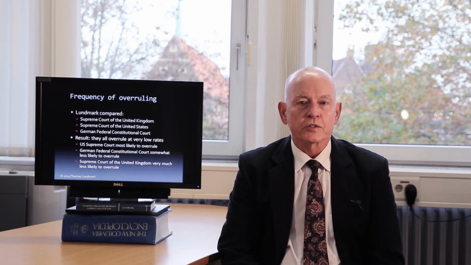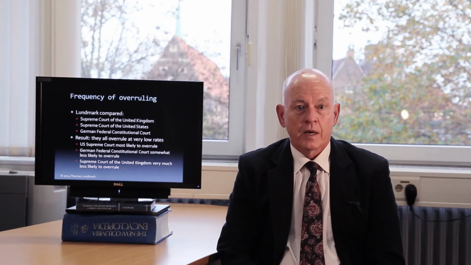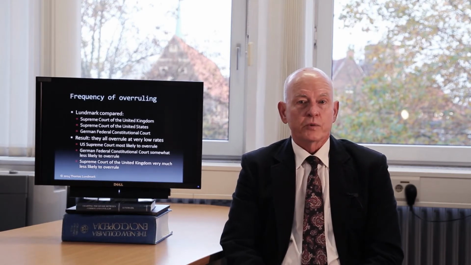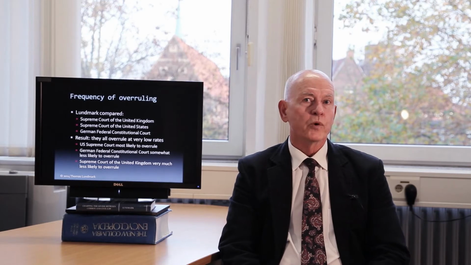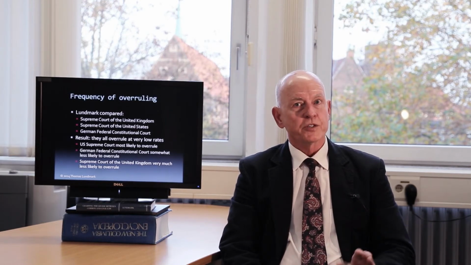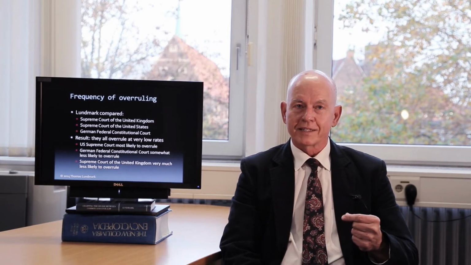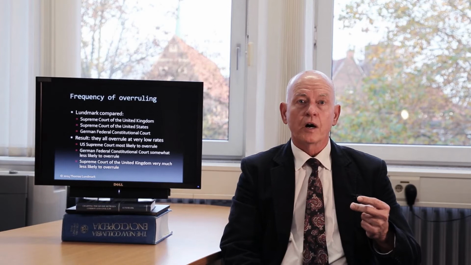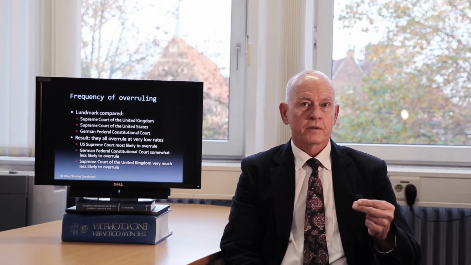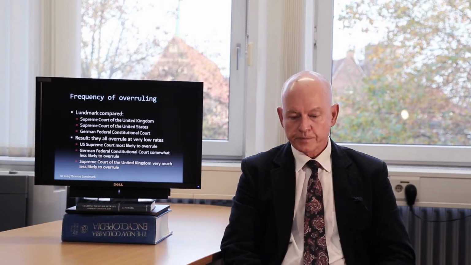The German Federal Constitutional Court was somewhat less likely to overrule. And the Supreme Court of the United Kingdom was very much less likely to overrule. In other words, they're showing more respect for separation of powers. But of course, another distinguishing feature is that the United States Supreme Court and the German Federal Constitutional Court are constitutional courts. And the constitutions are difficult to change.